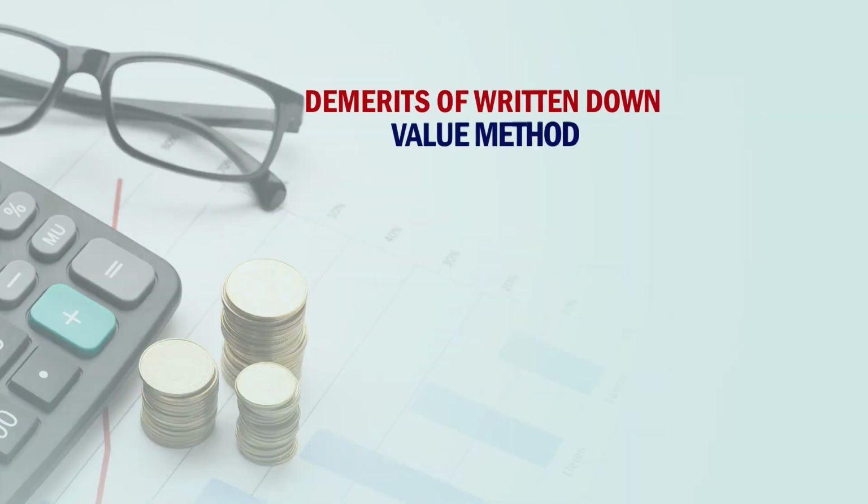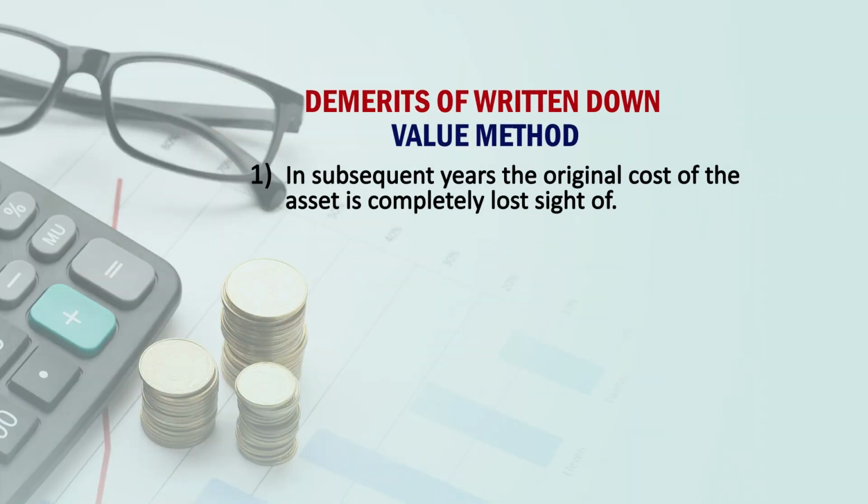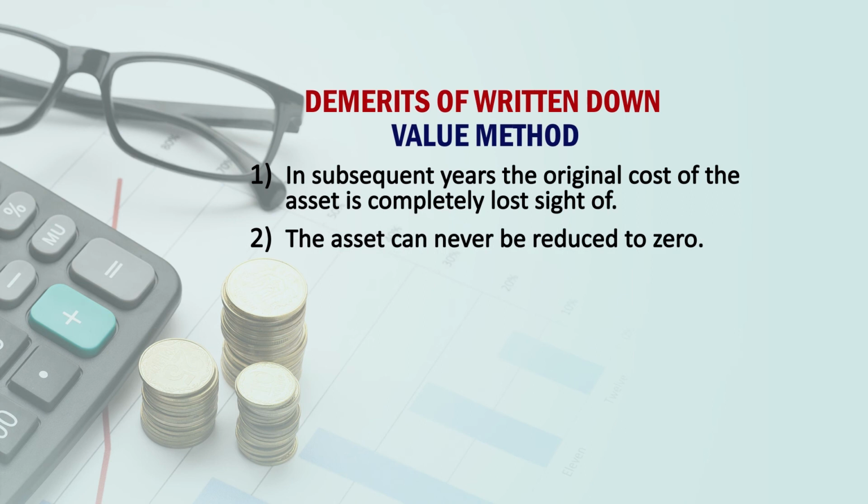Demerits of the written down value method. The first one is, in subsequent years the original cost of the asset is completely lost sight of. The second one is, the asset can never be reduced to zero.